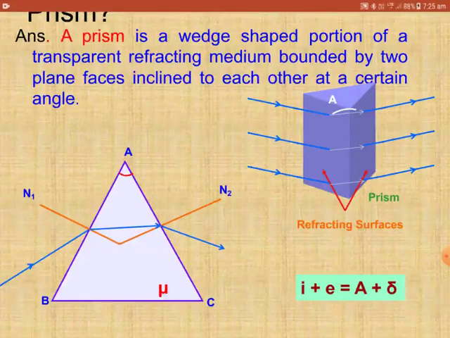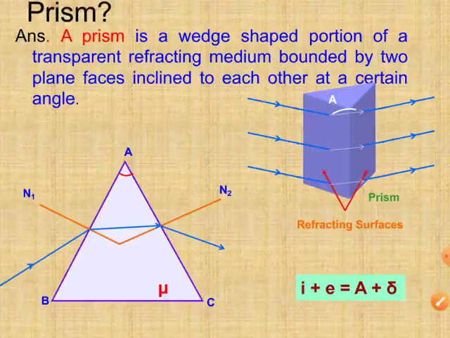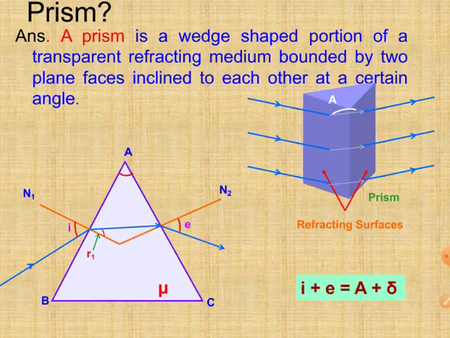So let's see as it is given here. Now you will see angle I, angle of incidence, and angle E, angle of emergence, and the angles of refraction, R1 here, the angle between the refracted ray and the normal. The refracted ray will be the incident ray for the refraction from this refractive index mu, from the prism to the air.